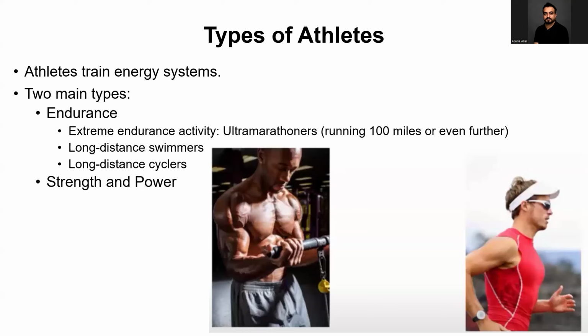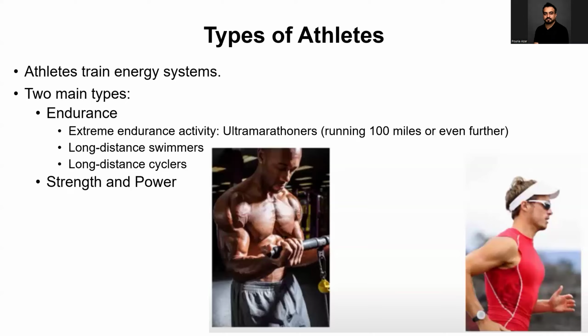That's really a lot. 100 miles. These are called extreme endurance athletes. We have long distance swimmers, we have long distance cyclers, like cycling the entire France or swimming from New York to Florida. Those are long distance swimmers. These are all endurance athletes.